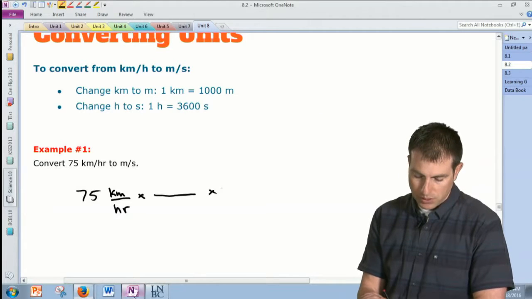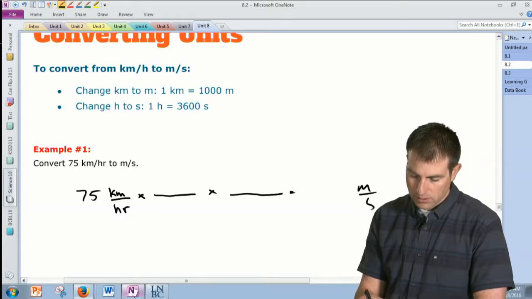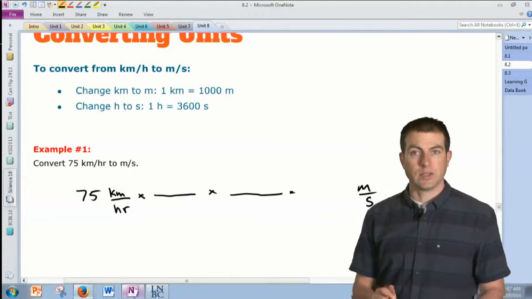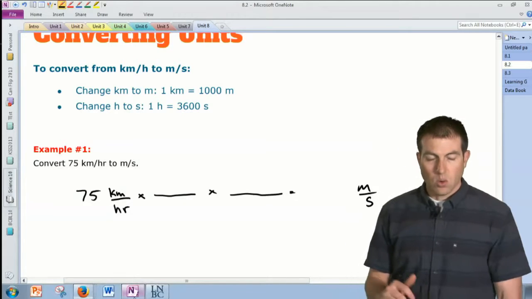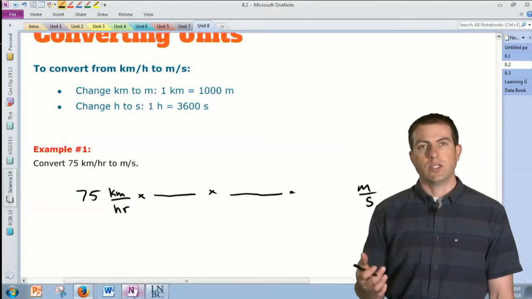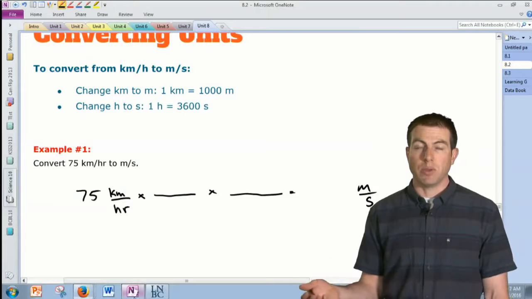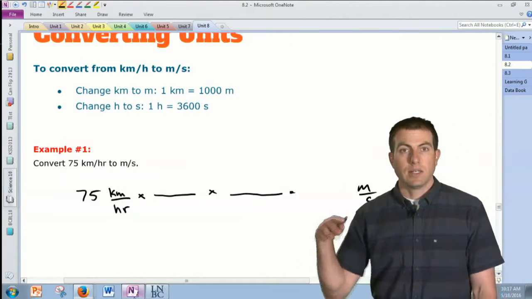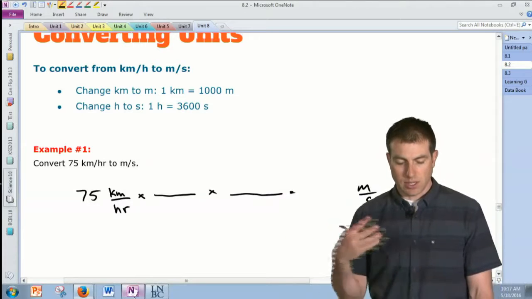Now, I'm going to do a multiplication here. It's actually going to have 2 steps, and it's going to look kind of like this. So we're starting in this question with kilometers per hour, and we want to end up with an answer in meters per second. So this is the process that I'll recommend.